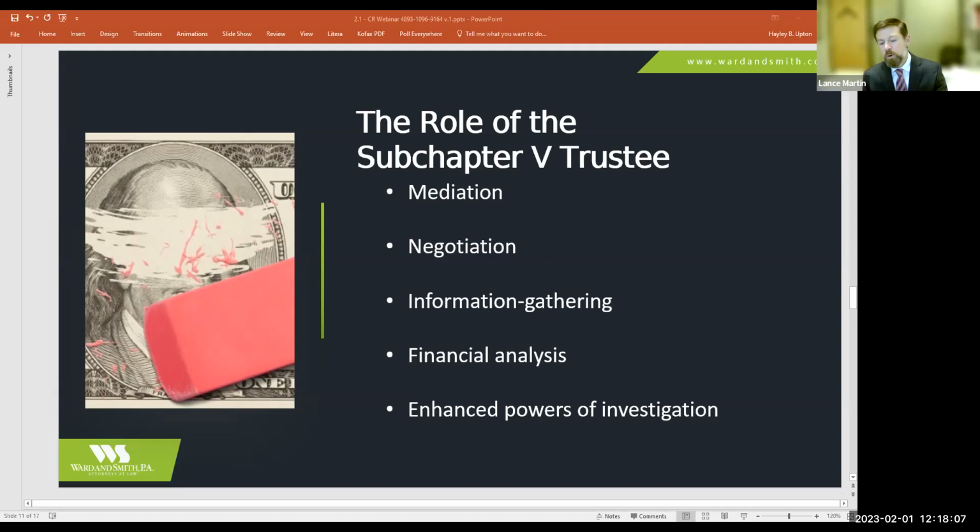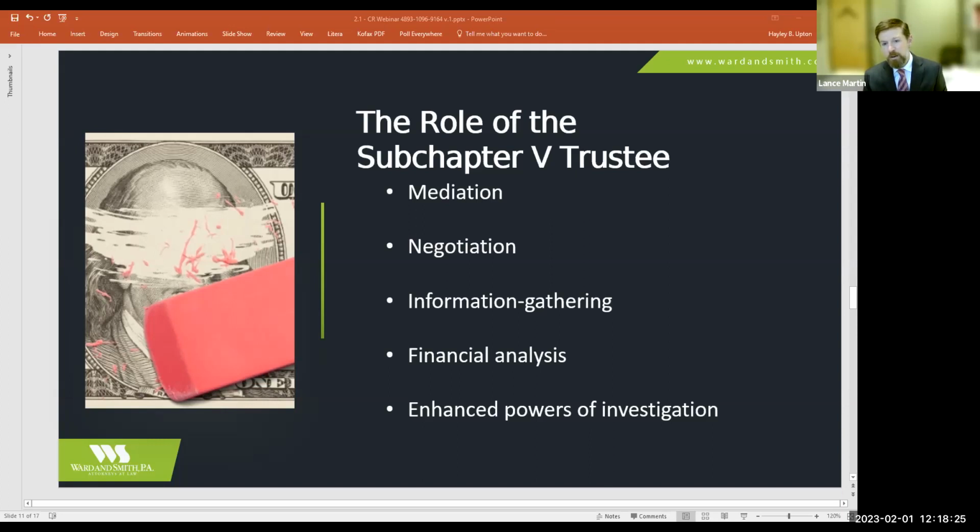And there's one other important aspect to the Subchapter 5 trustee. They have this general role, which I've explained to you, but Subchapter 5 allows for the trustee to be endowed with enhanced powers.